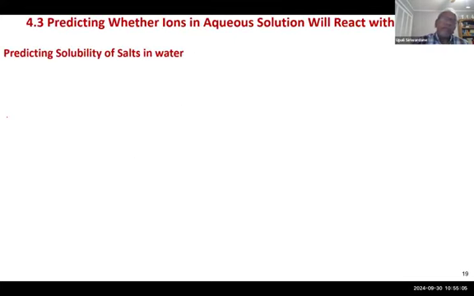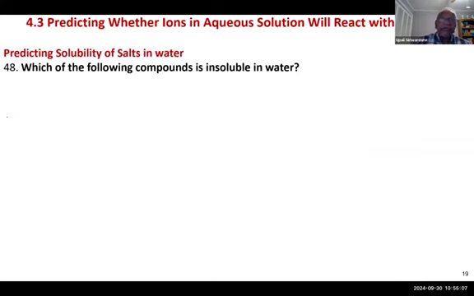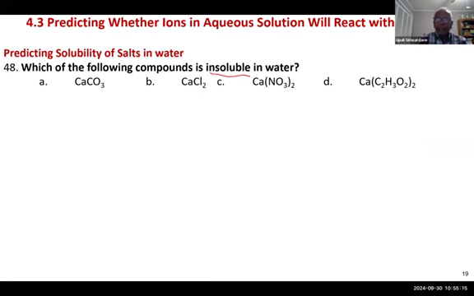Predicting solubility of salt in water. Which of the following is insoluble in water? Can you tell me? Calcium chloride, soluble or insoluble? Only two exceptions, silver chloride and lead chloride.